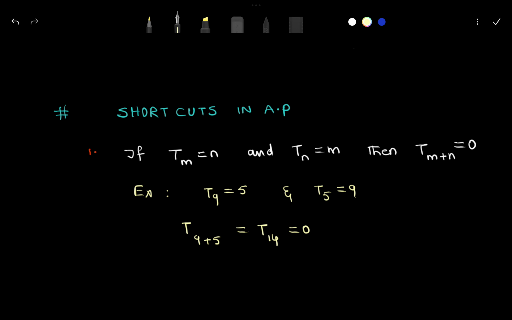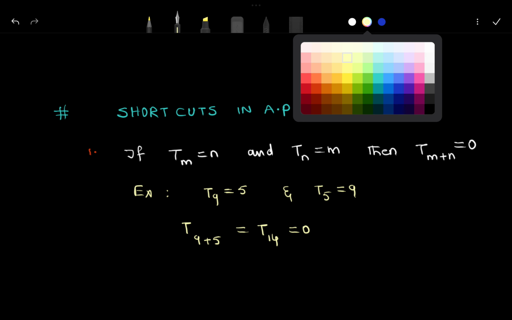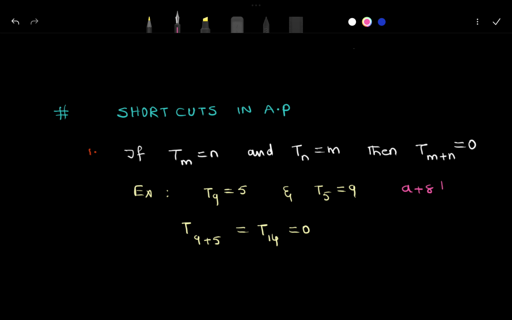Now you can cross check whether this is correct or not. Look at this one. What is the ninth term of that AP? A plus 8D, and this value is equal to 5, as given. And the fifth term is A plus 4D, which is equal to 9.